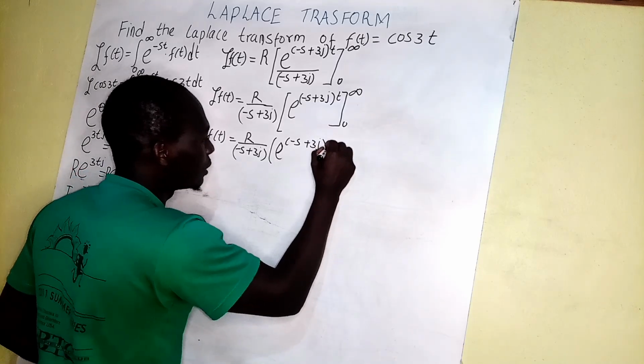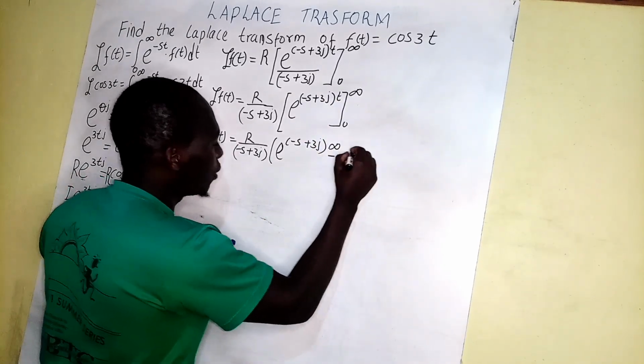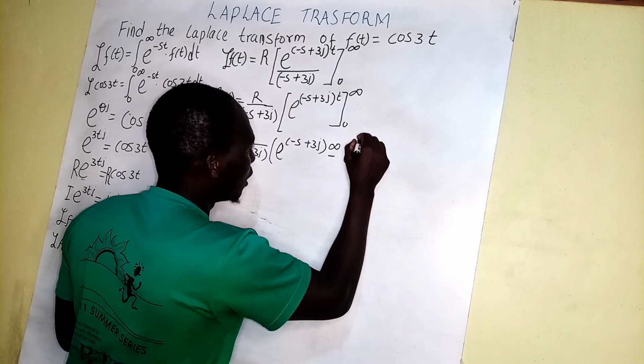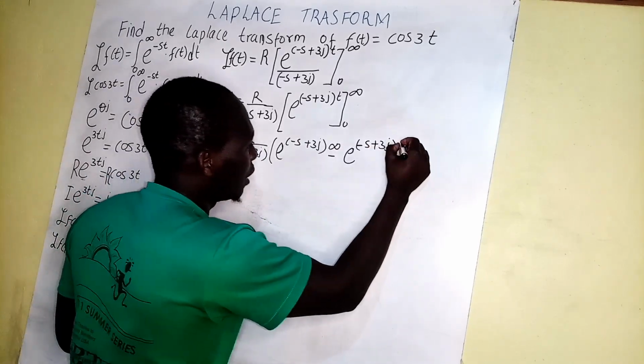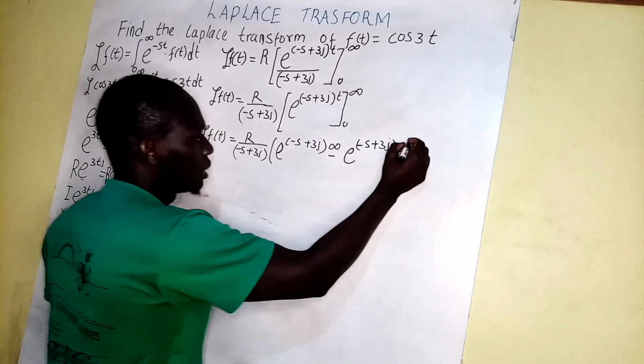We insert the upper limit for the term t, and we subtract exponential negative s plus 3j, and then for the term t we insert the lower limit.